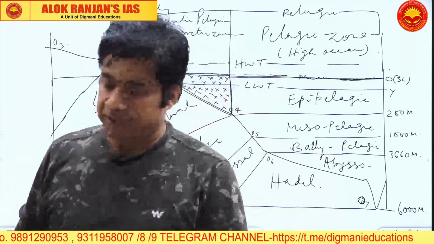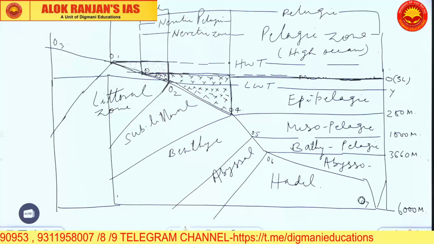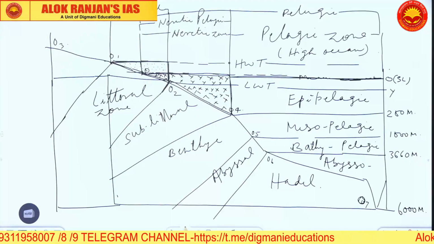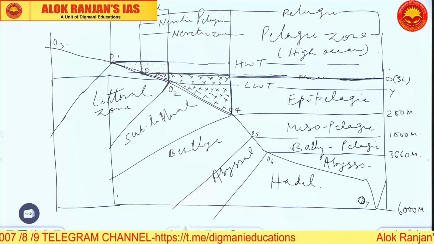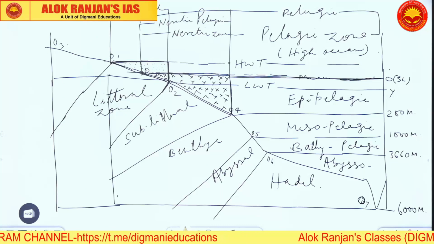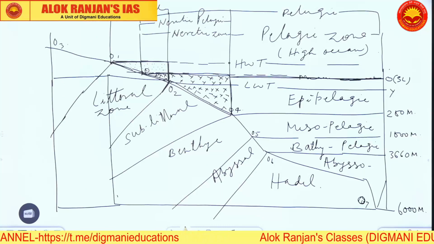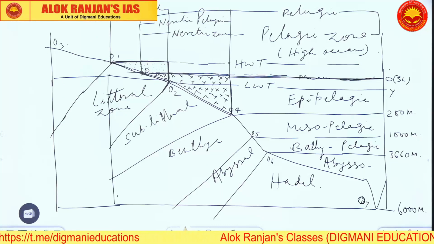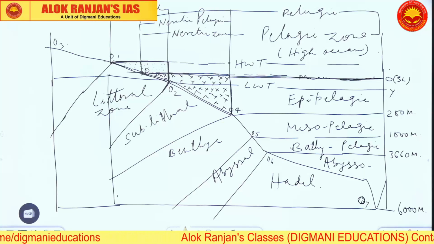Most of the books will have bathypelagic. And then you have abyssopelagic. Abyss meaning greater depth. Bathy is also deep things, greater depths are called bathy. Meso is middle.